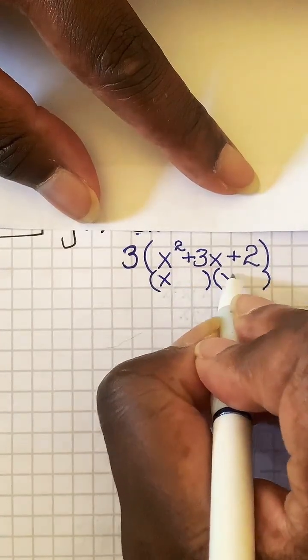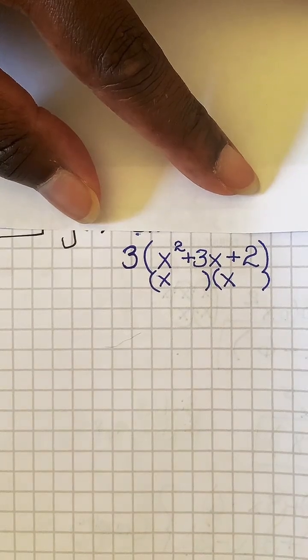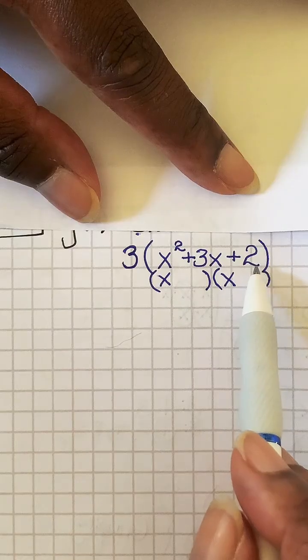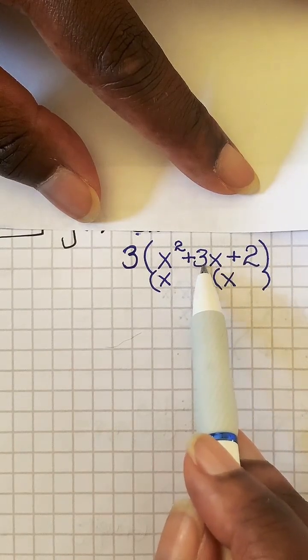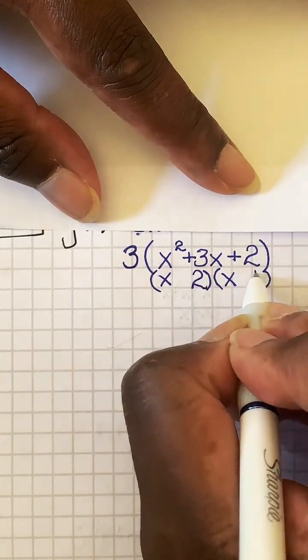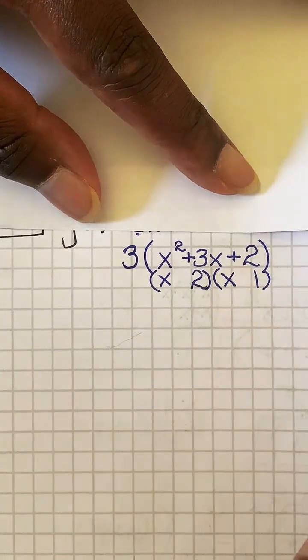X here, x there. Yep, we can factor it again. Thank you, Kevin. We have to think, what 2 numbers multiply together to give me 2 and add together to give me 3? Well, 2 times 1 gives me 2, and 2 plus 1 gives me 3.